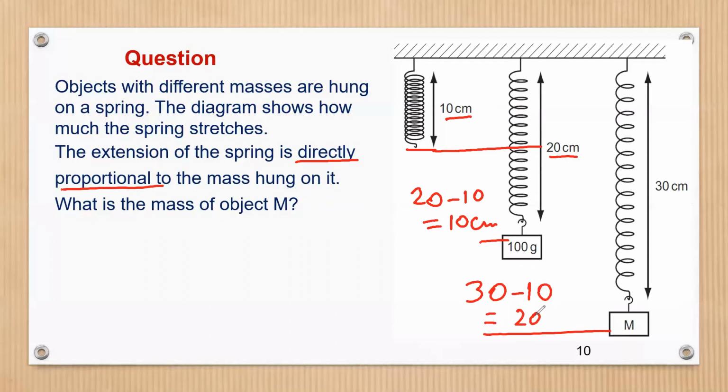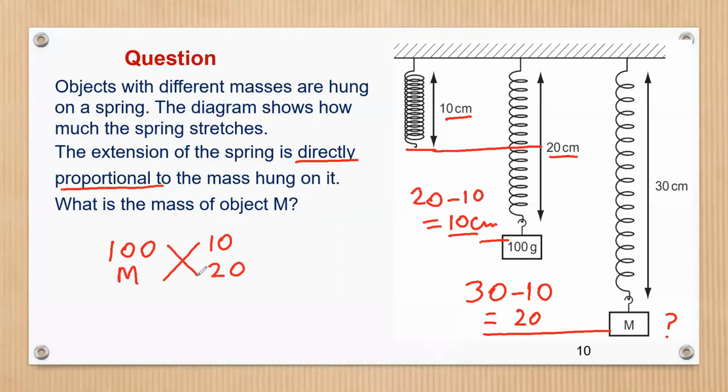So we can use this proportion method to calculate the unknown mass M. For 100 gram mass, the extension is 10 centimeters. And for M, the unknown mass, the extension is 20 centimeters.